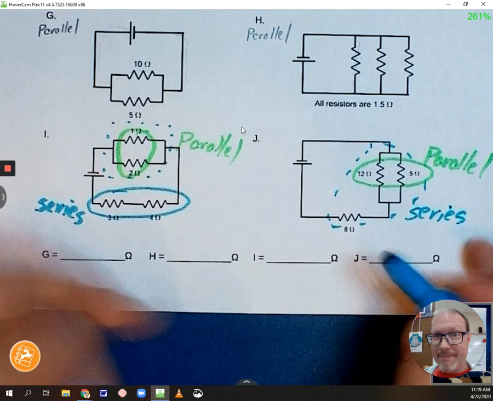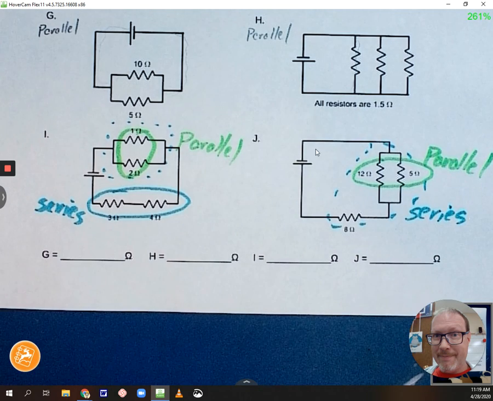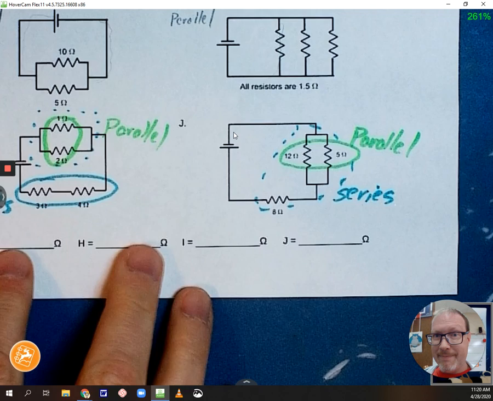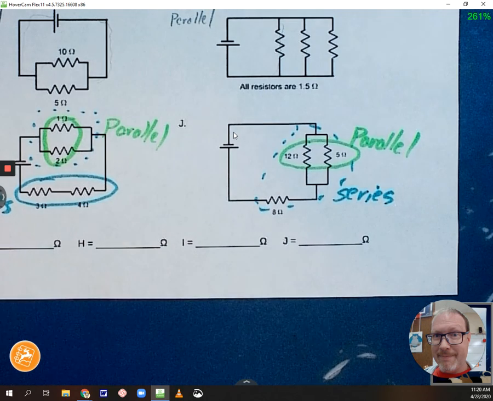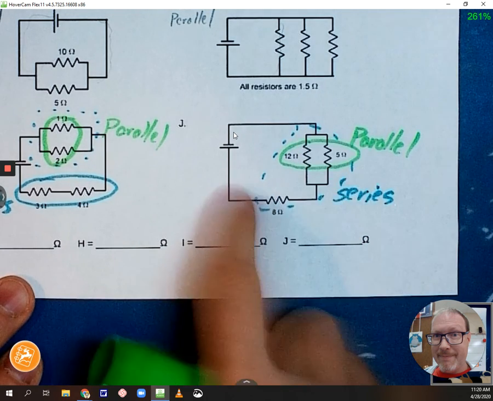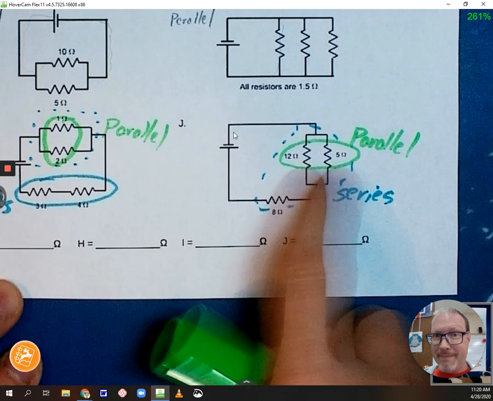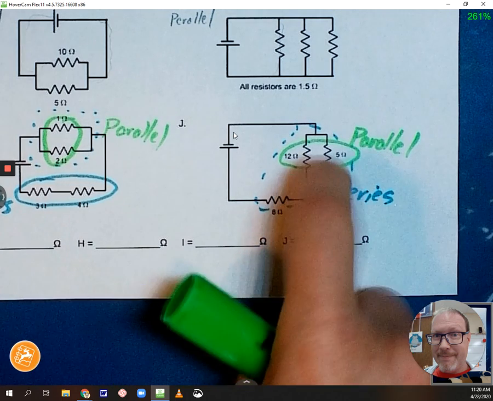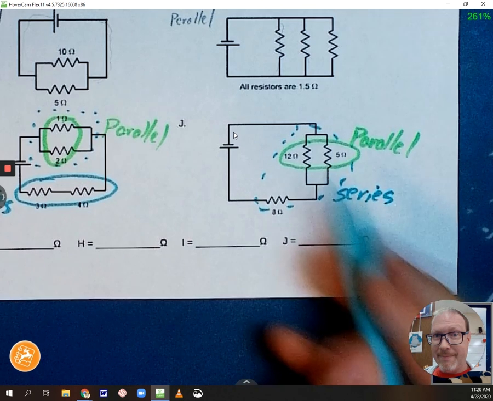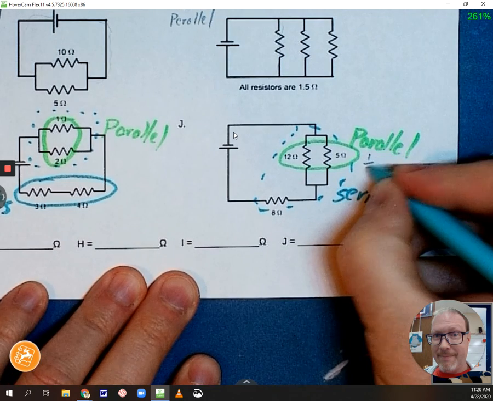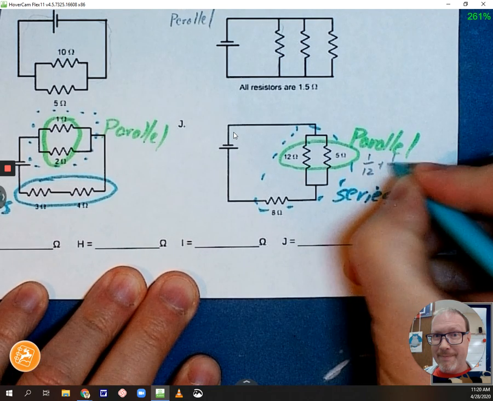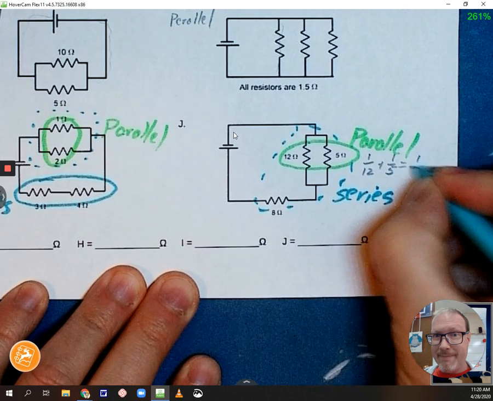So what we have to do is consider the entire circuit and solve it from the inside out. So first of all, I'm going to find my equivalent resistance for just this portion. That's 12 ohm and 5 ohm, so it's going to be 1/12 plus 1/5 equals 1 over the total.